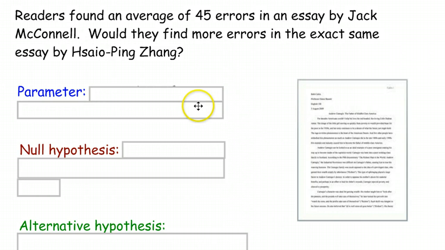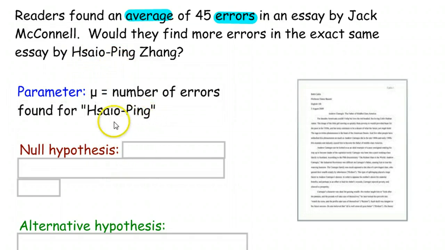So let's start with the parameter that we're actually talking about. We're measuring errors. So average number of errors in the essay. And you want to compare Jack to Xiaoping. So the parameter is the number of errors, and you're looking at the average, so you're talking about mu. The null hypothesis, we always say, is no change.